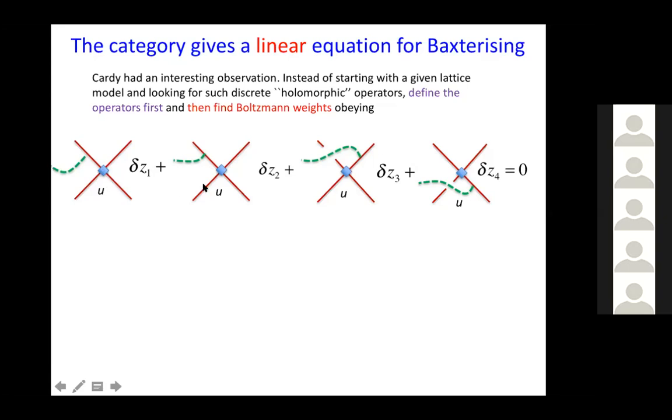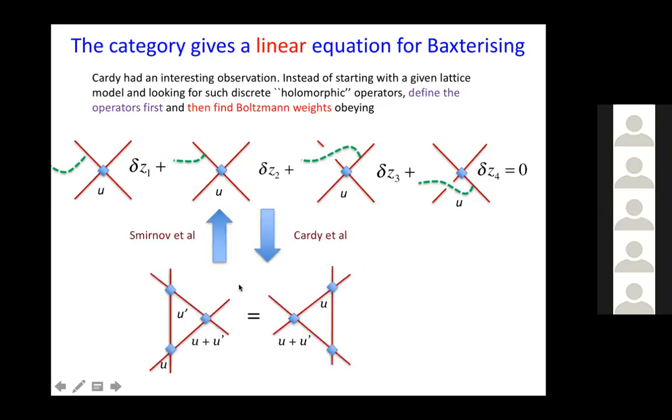Then he says, now I'm going to find Boltzmann weights that satisfy this equation. What he found was that the Boltzmann weights that satisfied this linear equation, because it's a linear equation for the Boltzmann weights, there's only one of them. I find a solution to this equation, and then I just check, and this solution satisfies Yang-Baxter.